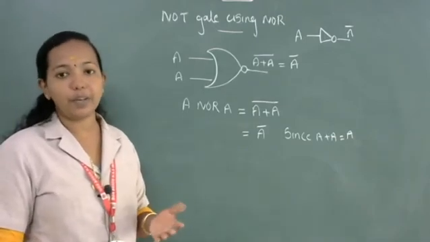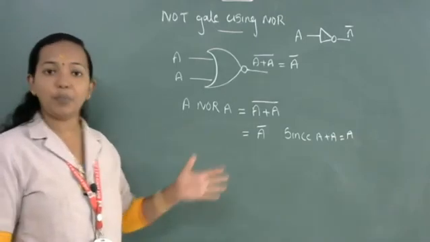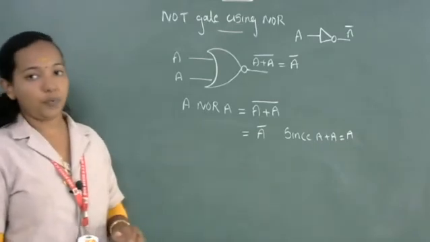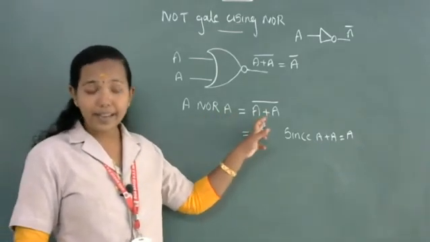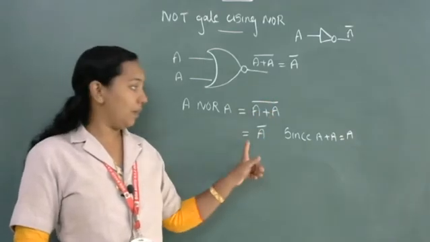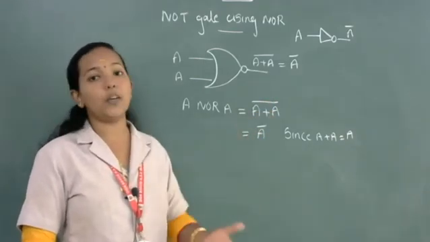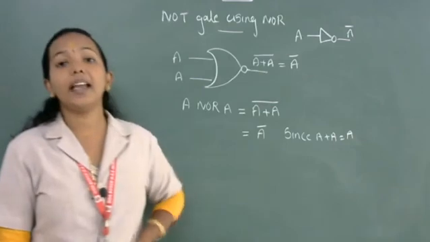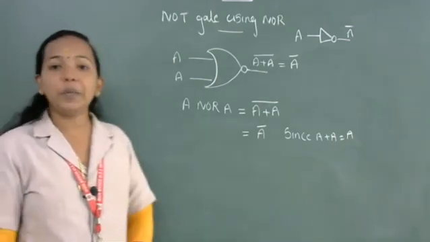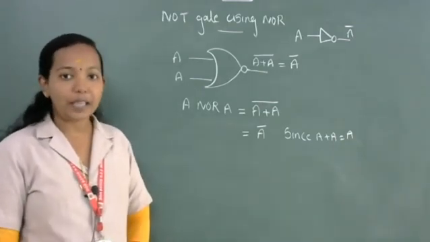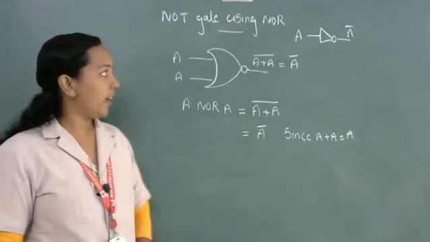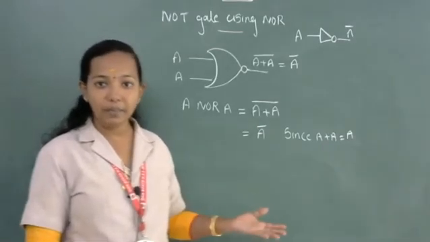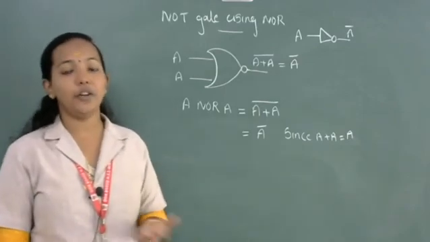Which one is most efficient for proving this? Algebraic proof. A NOR A is equal to (A plus A) all complement. A plus A is equal to A, so we get A complement. A complement means it is equal to NOT gate. So we can implement NOT gate using NOR gate. I think it is clear.